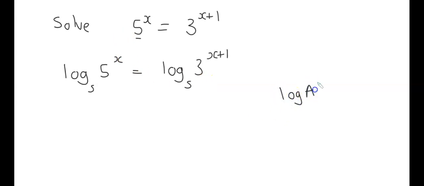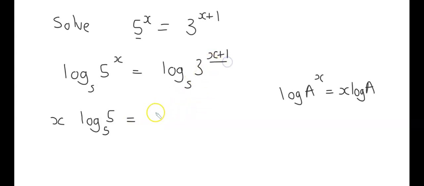Now what we can do is we can use that log rule that says that log of, say, a to the x can be written as x log a, and we can then take the x down the front and also the x plus 1 down the front here. So that will become x log 5, and then we're going to take all of x plus 1 down.